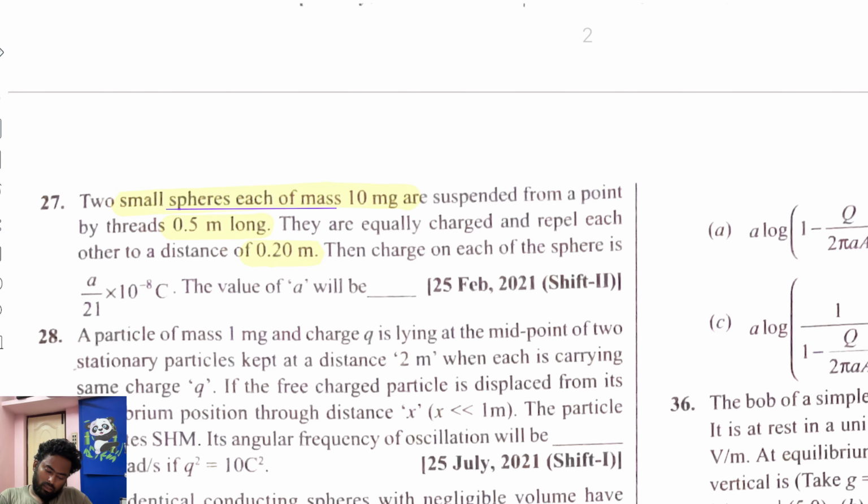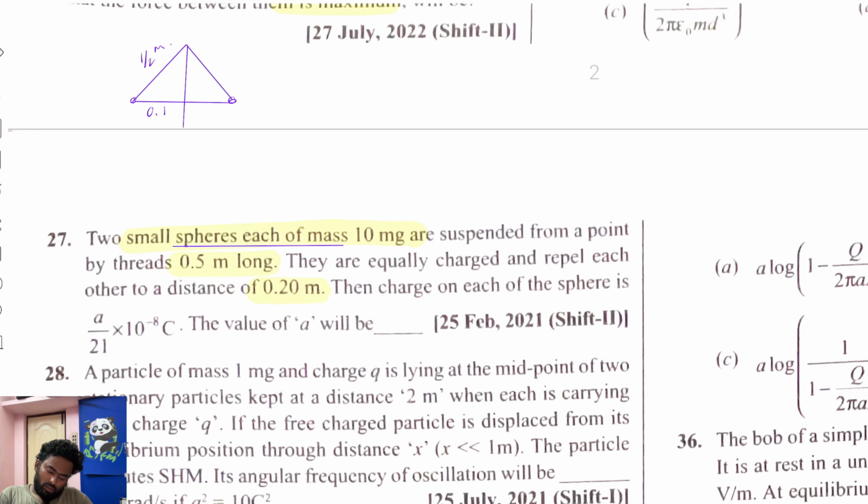Small spheres of mass given like this. Threads how much? Half meter long threads are there. At what distance are they repelling each other? 0.2. So from this, half distance will be 0.1.